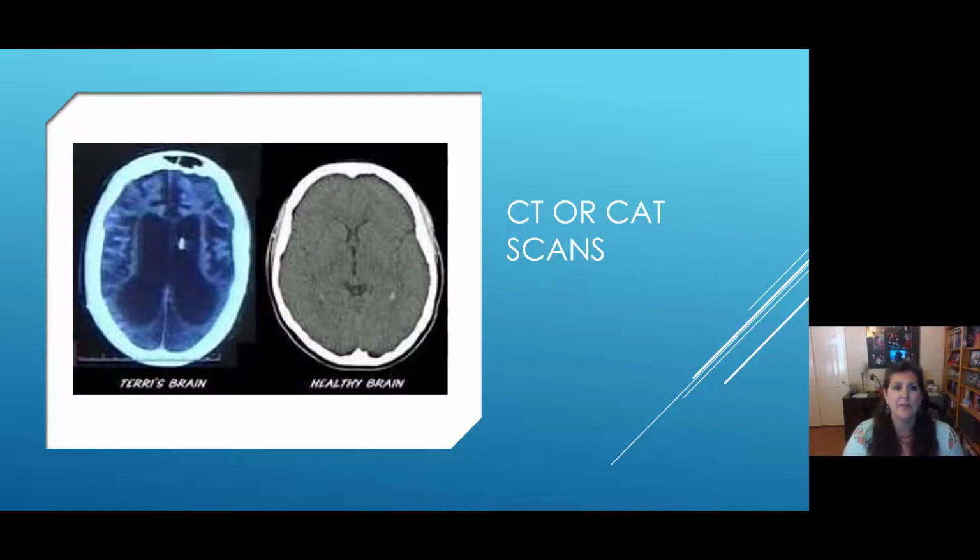CT or CAT scans are the same thing. Here are two pictures of brains. These were used in a court case. Terri Schiavo's brain is on the left in blue, and a healthy brain is on the right in gray. You may have heard about Terri Schiavo. She was a Florida woman who went into basically a coma, and the brain scans after her accident showed that her brain was dead. So her husband was ready to pull the plug and let her pass away.